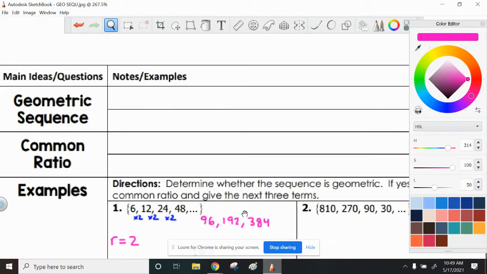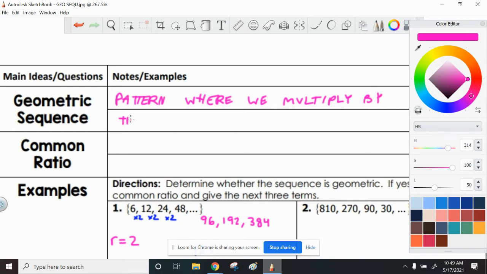So let's go up and let's write this down. This is a pattern where we multiply by the same thing over and over again. And again, importantly, it has to be the same number.